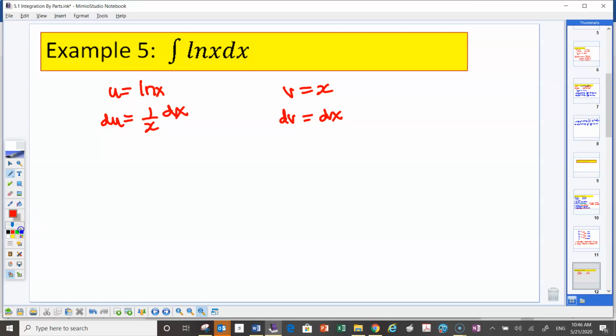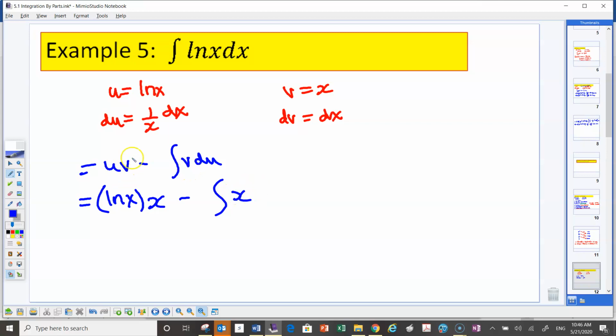Therefore, using the formula again, I have u times v minus the integral of v du. So u times v is ln x times x minus the integral of x, which is v, and du is 1 over x dx.